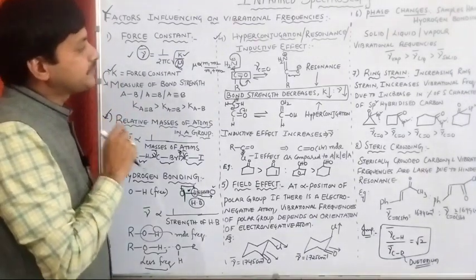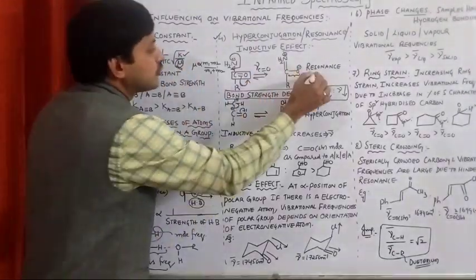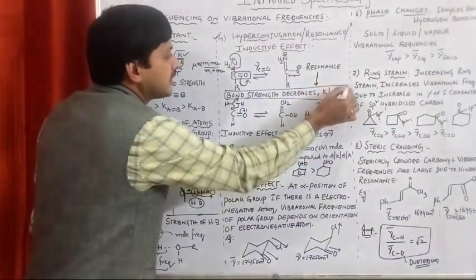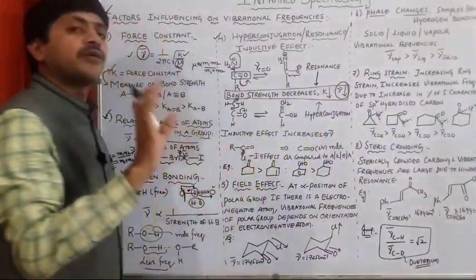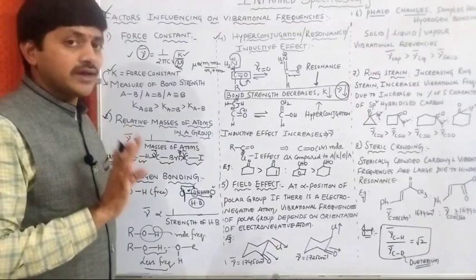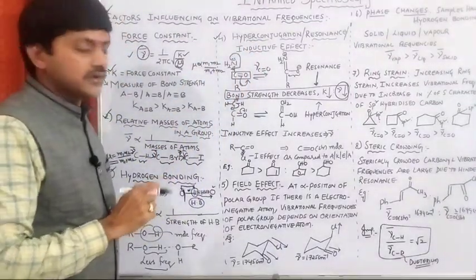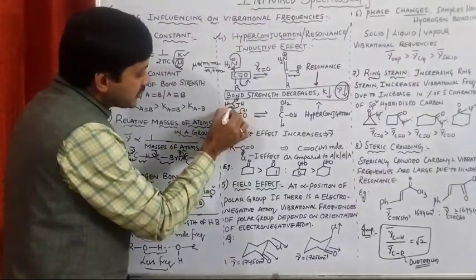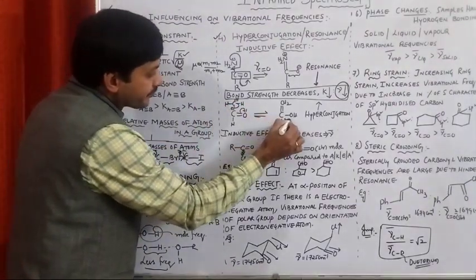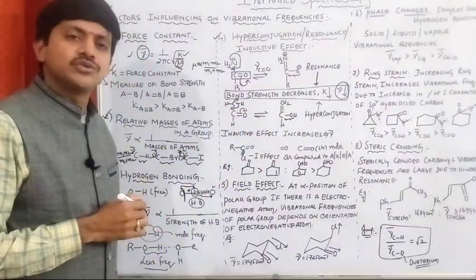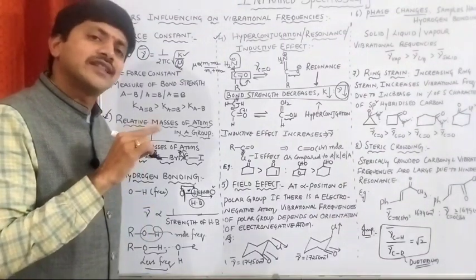So in case of resonance, what we are observing is a decrease in the vibrational frequency. Am I clear? Next, suppose you have hyperconjugation. Because of the hyperconjugation also, the pi bond is converted into a single bond, so the bond strength is decreasing.